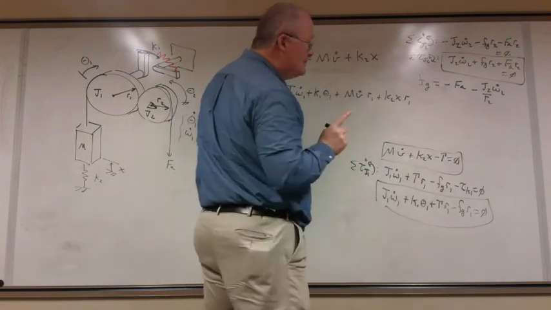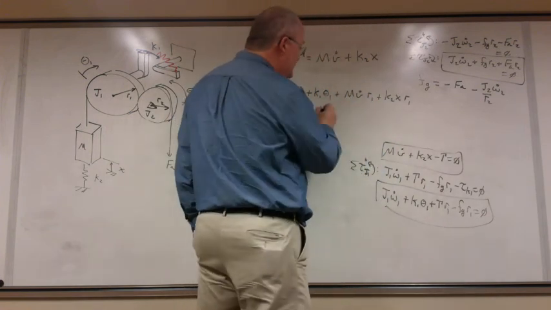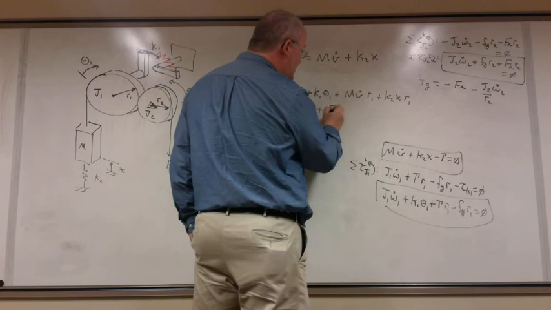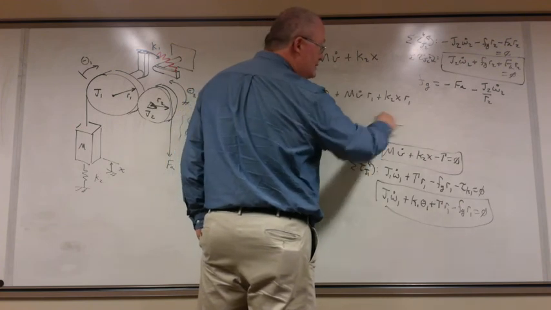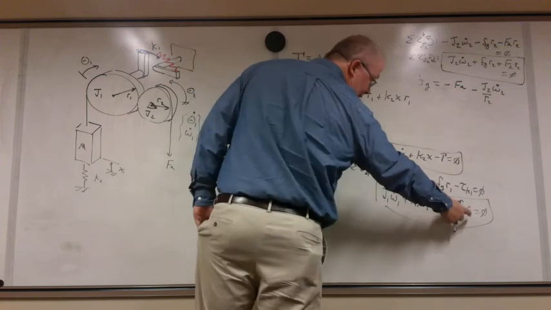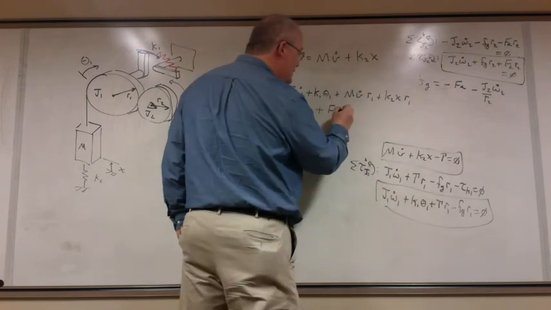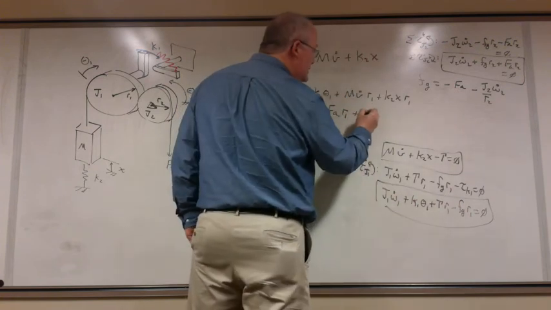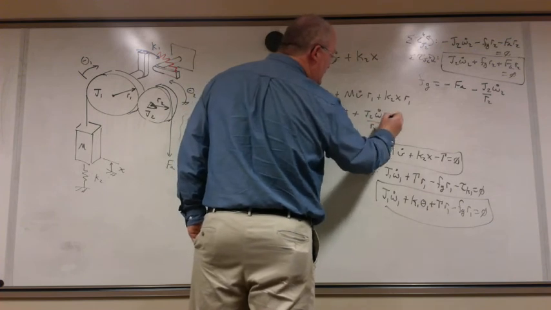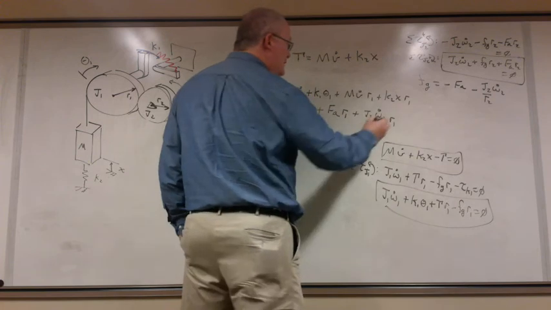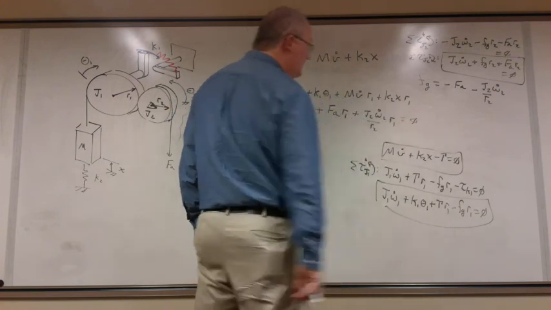This is where a lot of people tend to make a mistake on the test. They get excited about saying plus Fa, then plus J2 omega 2 dot over R2, and they forget, I often forget, the R1. So there's an Fa R1 plus J2 omega 2 dot over R2 times R1, and all this is going to be equal to 0.